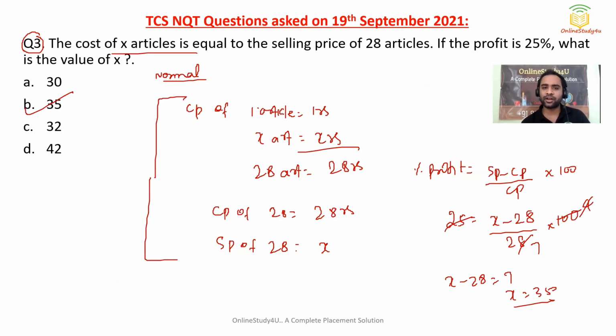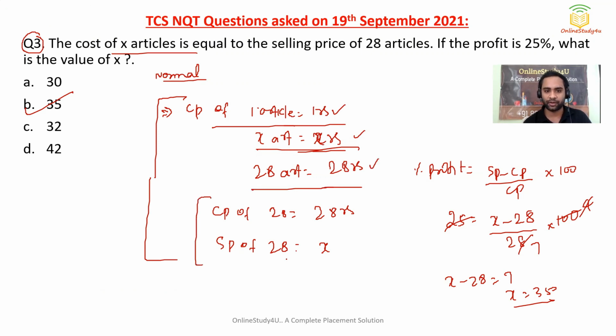Now, let us assume the cost price of one article is 1 rupee. The cost price of X articles is X rupees. The cost price of 28 articles is 28 rupees, right? Because we have assumed one.